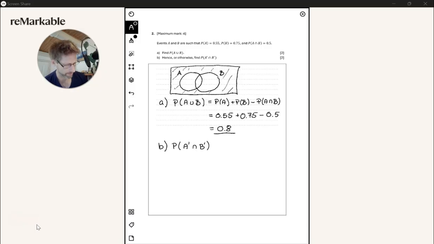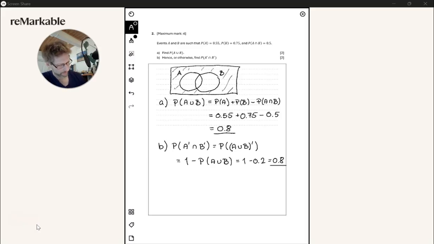In fact, the probability of the complement of A intersected with the complement of B is the same as the probability of the complement of the union of A and B. And that is straightforward, because we just take 1 minus the probability of the union, which is the one we just calculated. So it's going to be 1 minus 0.8, and that is 0.2.